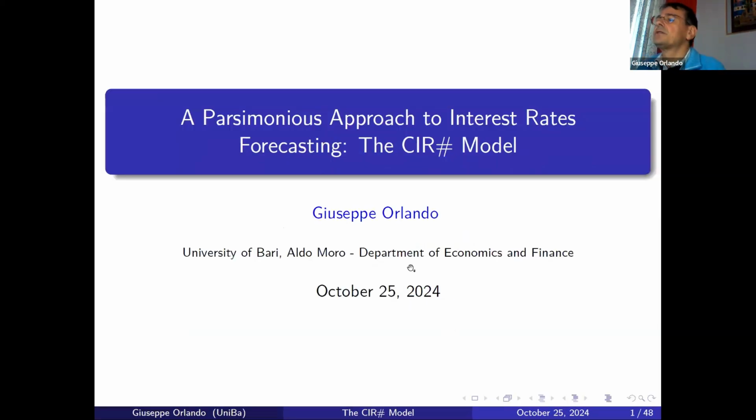Okay, so the date is when I sent the presentation to the organizers, but essentially the idea is to present this CIR sharp model. And what is this model?